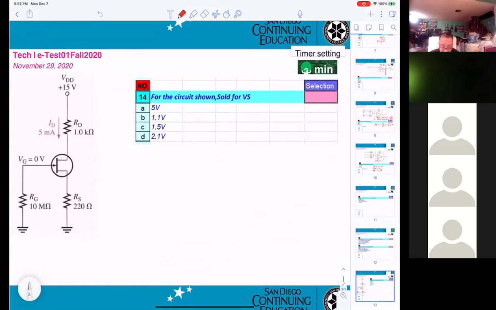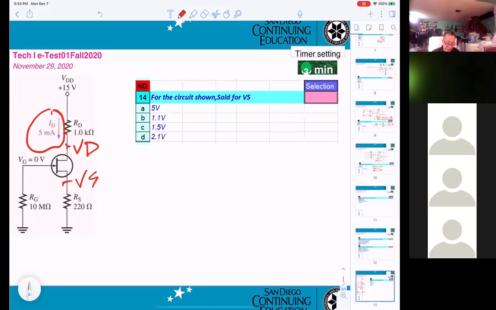Okay. They want to get the VS in. They've given you that one here: ID already, 5 milliamp. You don't have to calculate the ID. And you understand that will be VD right here, that will be VS right here.